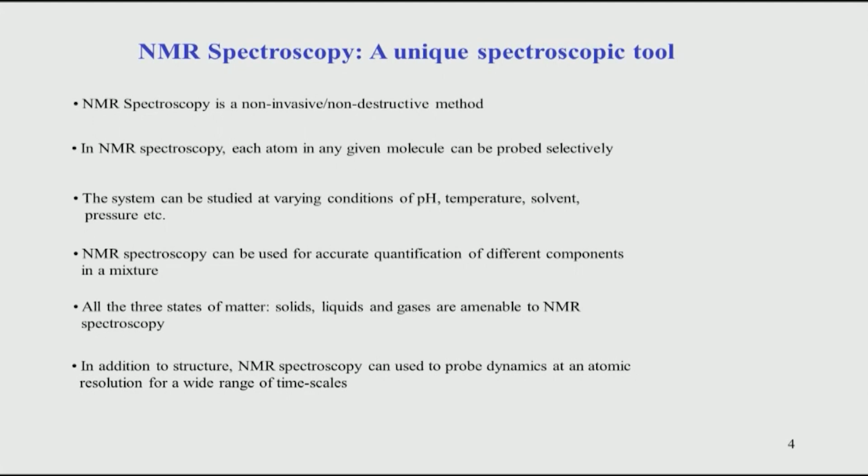Dynamics is one important property of a molecule. Most molecules in solution are very dynamic, never static as we see in pictures. So, understanding dynamics is a very important part of understanding the whole function of the molecule, and this is where NMR spectroscopy stands out. It helps us look at dynamics at various time scales, from as short as picoseconds to a few seconds. So, you can see there is a wide range of time scales of dynamic processes that can be studied by NMR. We will also look at this in this course.